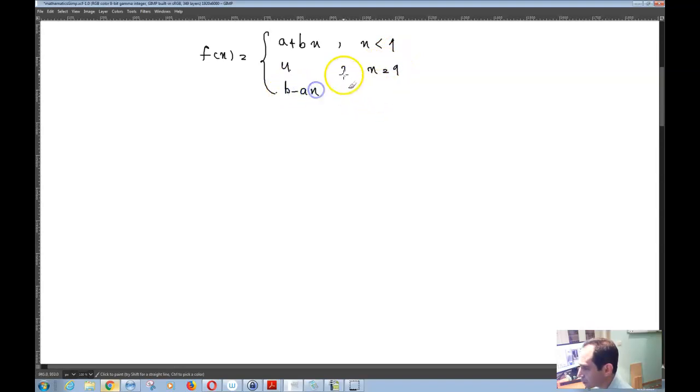Number 28, suppose that f of x is this function: a plus bx for x less than 1, equal to 4 for x equal to 1, and equal to b minus ax for x greater than 1.